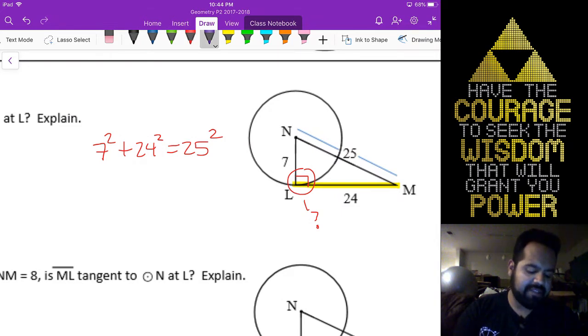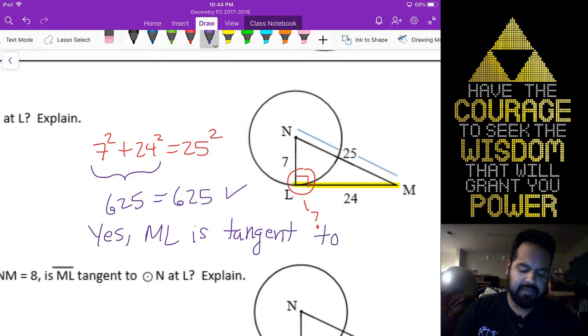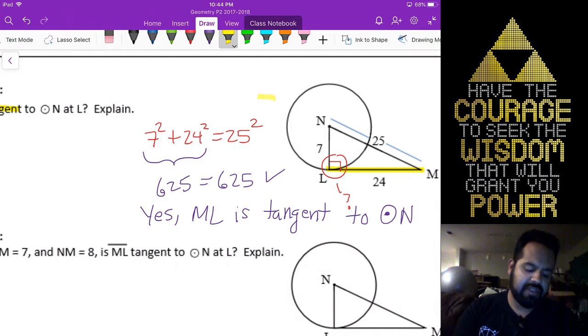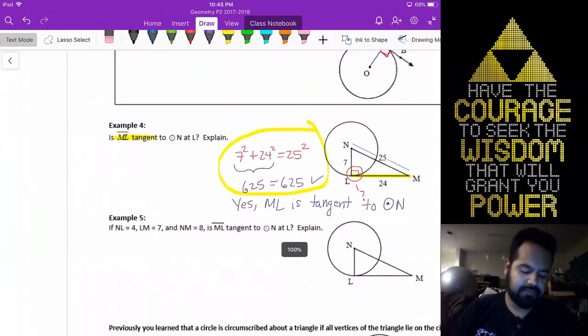So after you do your work, you do get 625 equals 625. Since that statement is true, we say yes, ML is tangent to circle N, and you can put a little circle with a dot in the middle for circle N. And in terms of your explanation, your work is all right here. No need to do anything extra. All right.